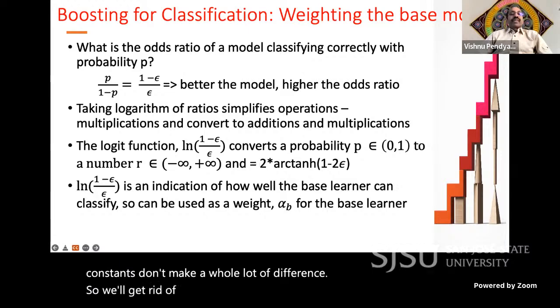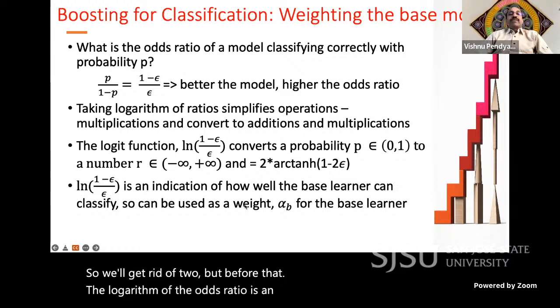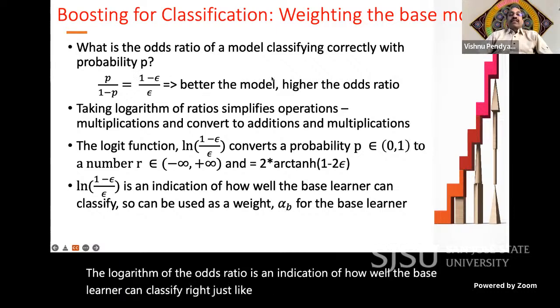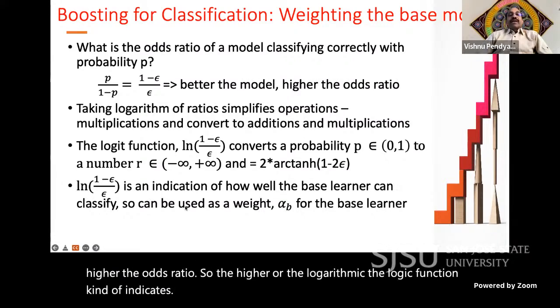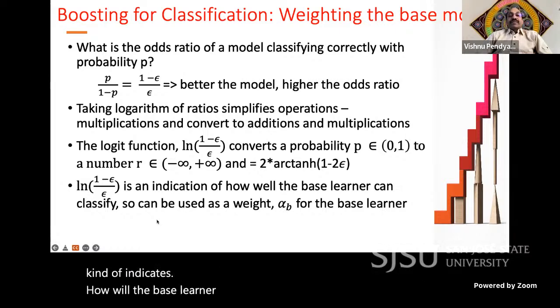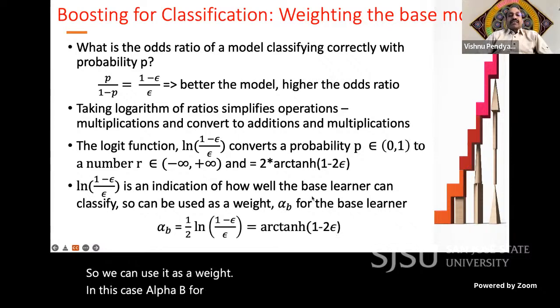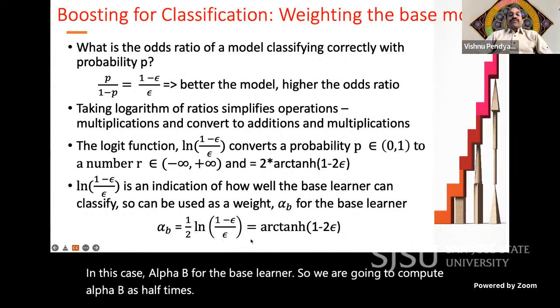But before that, the logarithm of the odds ratio is an indication of how well the base learner can classify. Just like the odds ratio, the better the model, the higher the logit. So we can use it as a weight, in this case alpha b for the base learner. We are going to compute alpha b as half times the logit function.